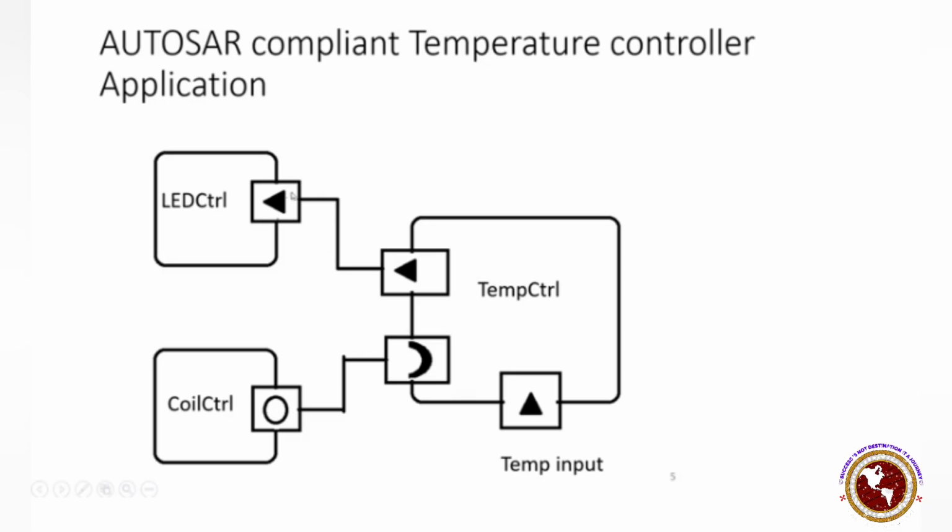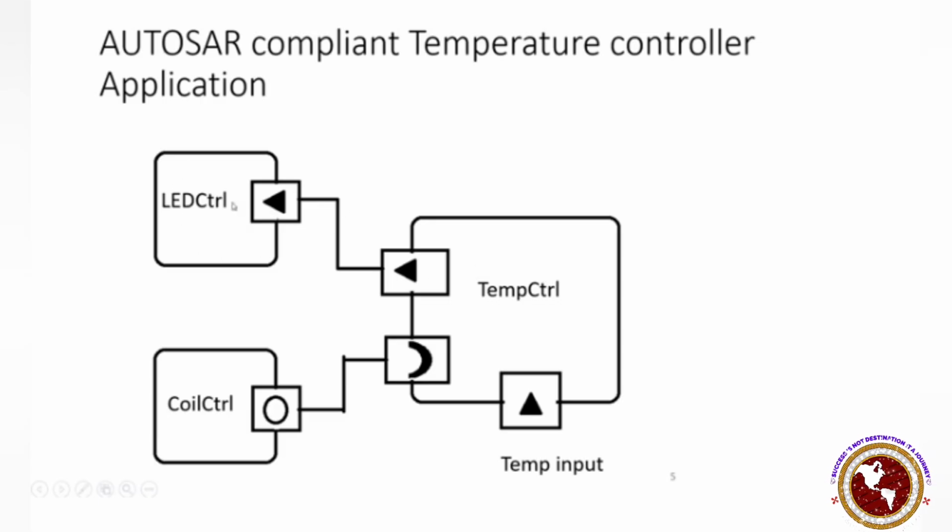You can see this icon indicates a sender receiver interface, and here you can see this is a client server interface. The temperature controller has three ports, and the coil controller has one port, and the LED controller has one port.